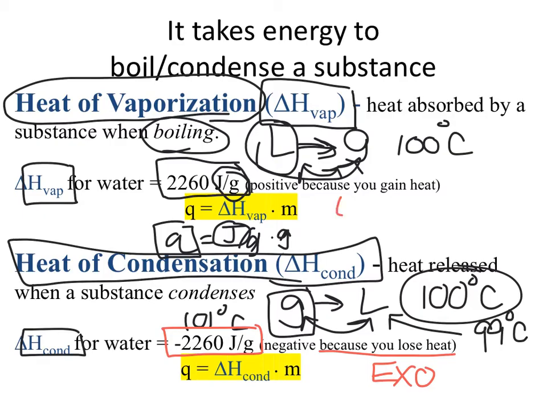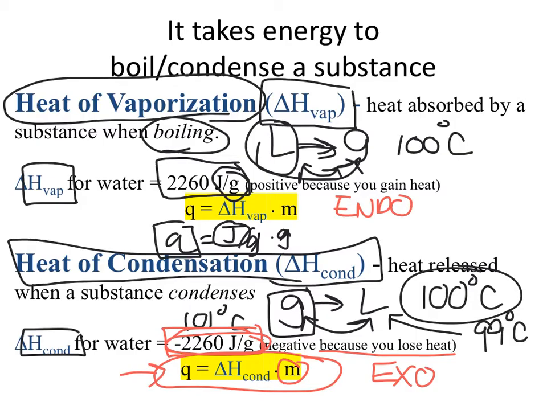Where again, the heat of vaporization, since you're putting heat into it, that's an endothermic reaction. But again, to use this simple equation, the energy is going to be equal to the heat of condensation times the mass of the water. And when you do that, that will give you your Q value, or your heat or energy value.